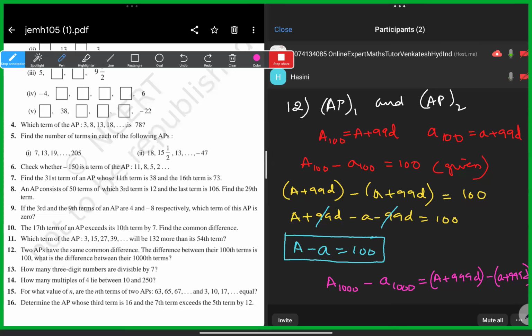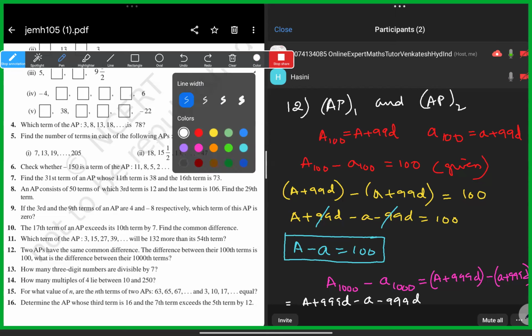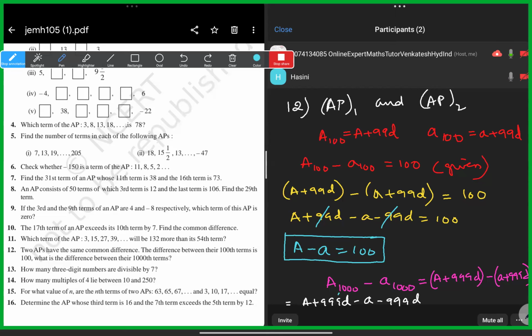Now I'll just open the brackets. We'll get A plus 999D minus, if you distribute it, minus A minus 999D. So this will get cut again. We are left with capital A minus small a. But already capital A minus small a is how much?